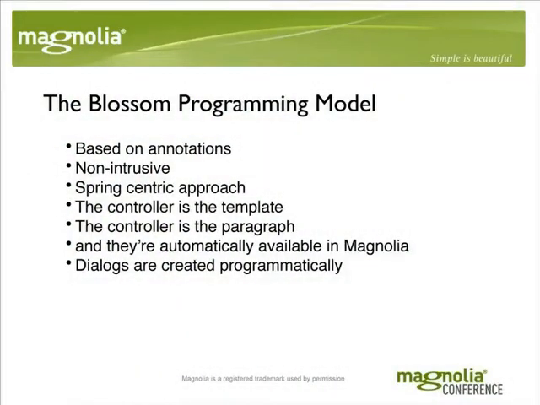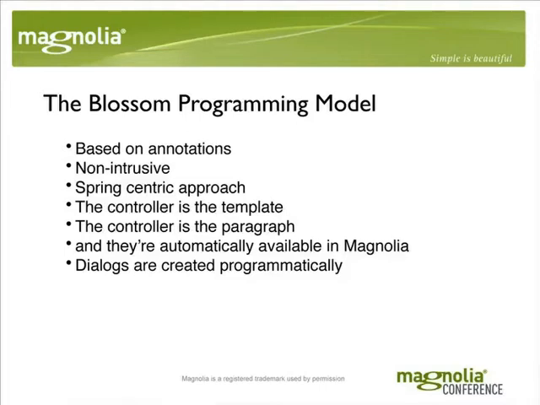So let's talk about the Blossom programming model, how we actually use this. Blossom is based on annotations. It's non-intrusive in the way that it does not require you to implement any interfaces or extend any classes. It takes a very Spring-centric approach. Since I come from Spring, that's how I wanted it implemented.